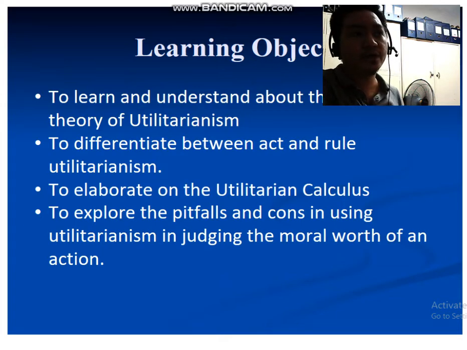You would also differentiate between act and rule utilitarianism, elaborate on how to use the utilitarian calculus in applying the concepts of utilitarianism, and explore the pitfalls and cons in using utilitarianism in judging the moral worth of an action.